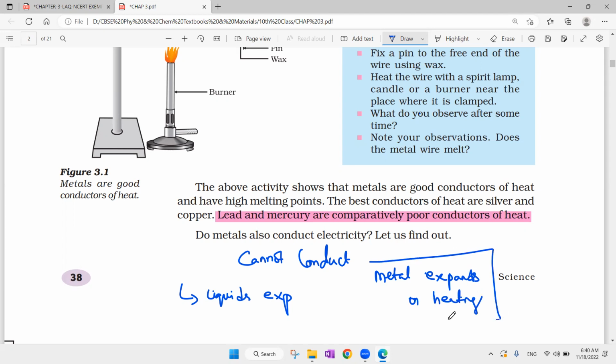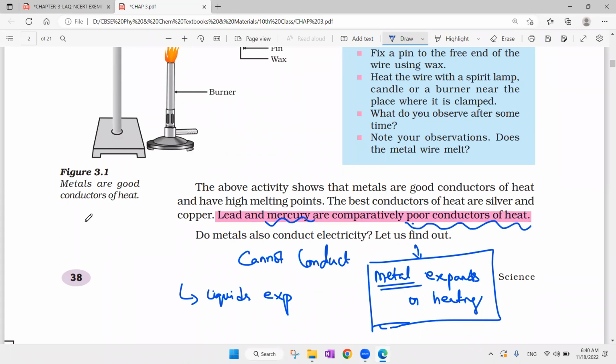This you have studied in 5th, 6th, 7th class concepts. Not only metals, liquids also expand on heating, gases also expand on heating. Here mercury works with this principle. Mercury expands when it is heated and contracts when it is cooled. That is the principle of mercury in a thermometer. So definitely mercury is a poor conductor of heat.